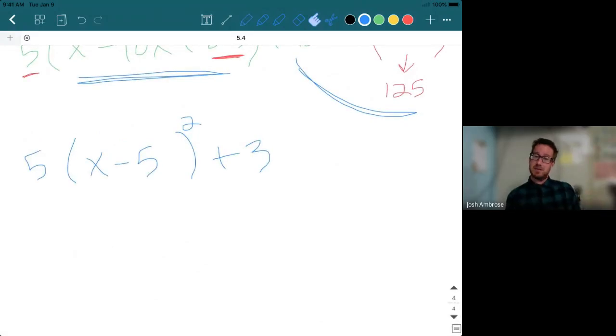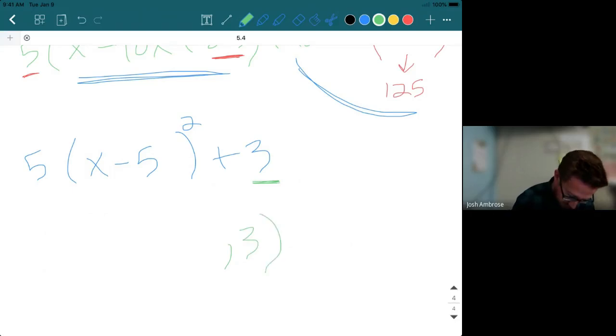But because it's in vertex form, you can now look right at this and pull the vertex out. All right, and if you don't remember that, go back and review the old videos in this chapter where we did vertex and we pulled the vertex out. So how do we get the vertex? This value right here is your y value, 3.